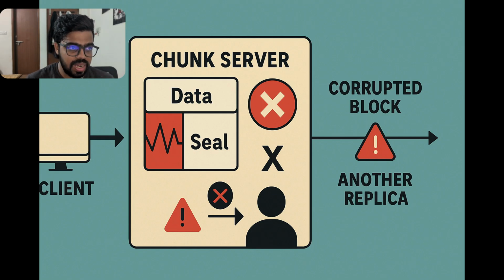So behind the scenes, the Google File System is constantly validating data integrity, ensuring that what you read is always accurate and not just available.